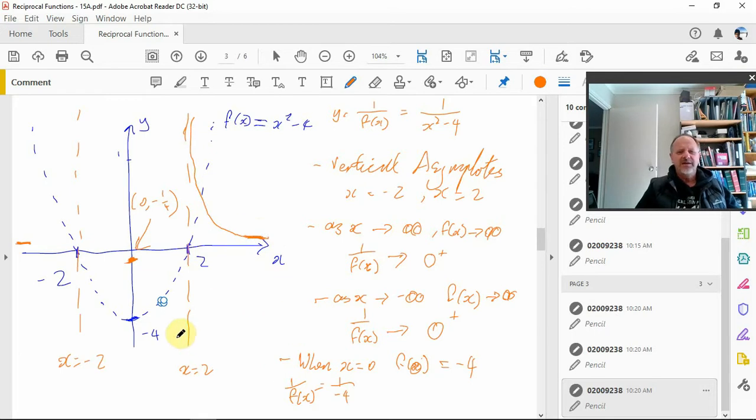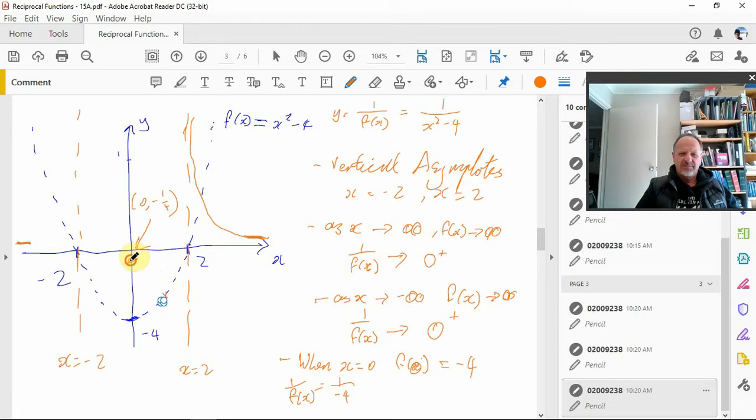However, from the negative side, going towards 2, it's a positive number when we square it, but because it's less than 2, it's going to be less than 4. So say, for example, I took 1. 1 squared is 1, take 4 is negative 3, so it's down here somewhere.